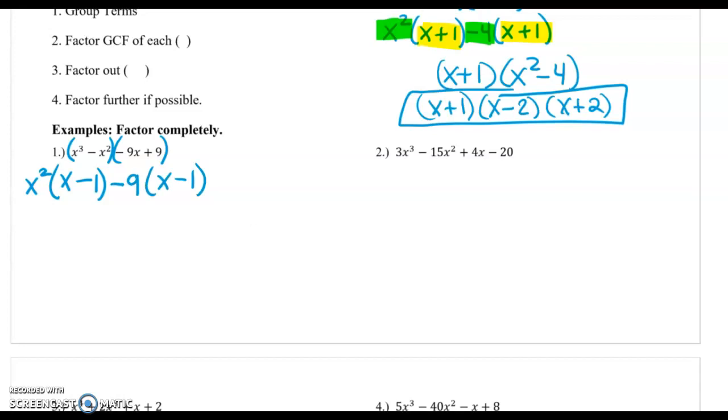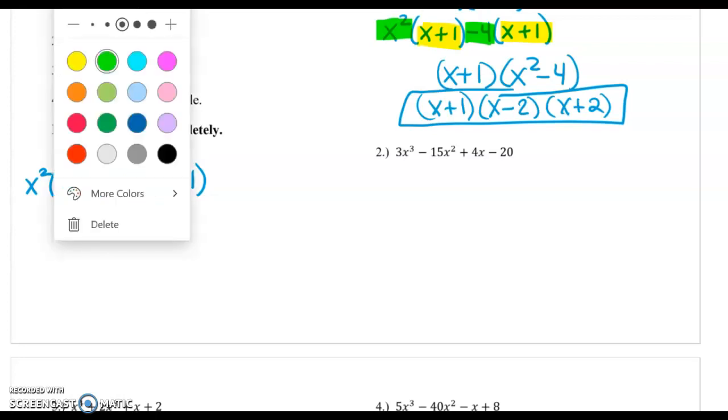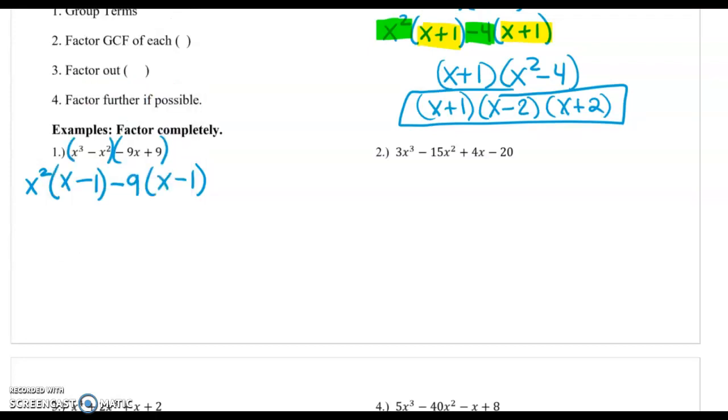And again, if you didn't take out a negative 9, you would then have a negative x plus 1 left over. So you would want to go back and make sure you took out that negative 9 so that you could make the numbers inside the parentheses the same there. Just like the last time, the numbers inside the parentheses have to be the same. So you're going to write that just once.